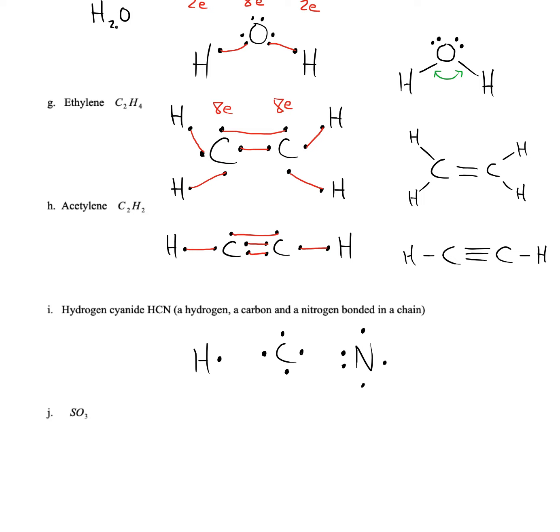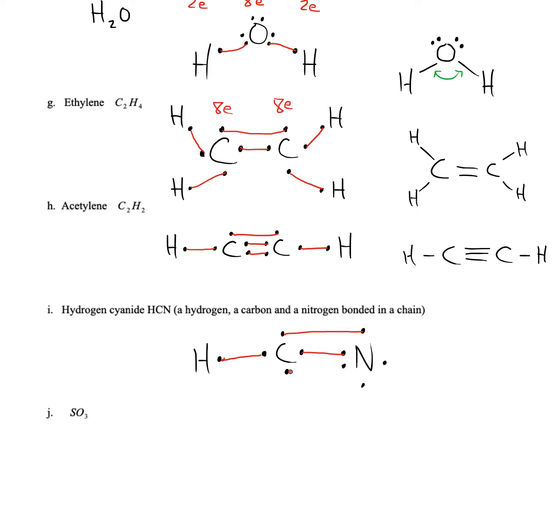Alright, so we definitely want to make at least one bond between all our elements. The nitrogen here is not quite happy yet. It's in contact with 1, 2, 3, 4, 5, 6 electrons. So let's go ahead and make a double bond there. Now the nitrogen's in contact with 1, 2, 3, 4, 5, 6, 7 electrons, which is not enough.